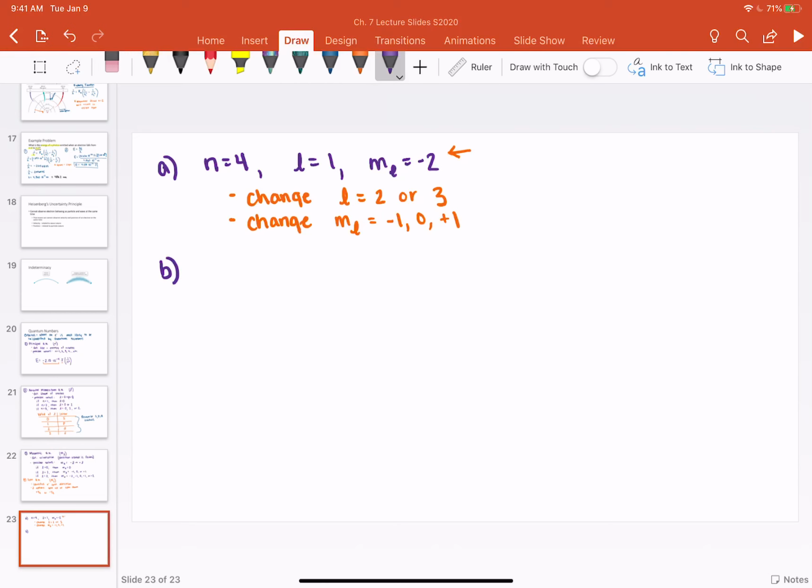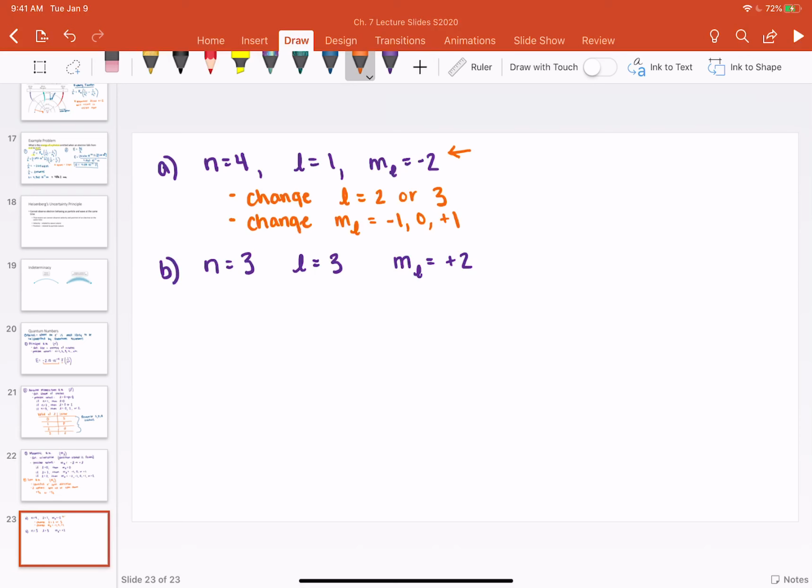So for B, let's say we had n equals 3, L equals 3, and M sub L equals positive 2. Which number here is not allowed? In this case, it's the L value.